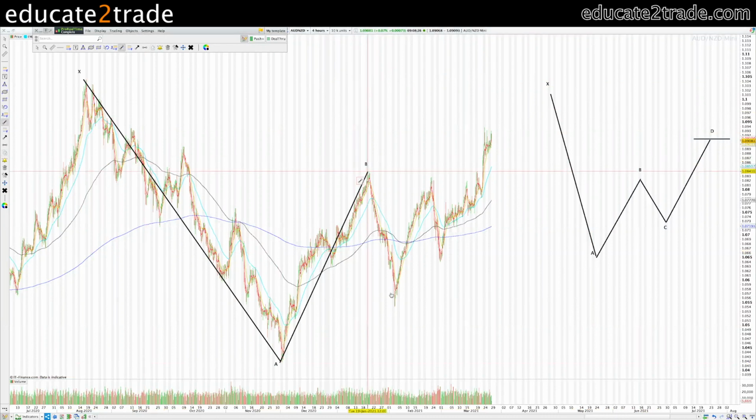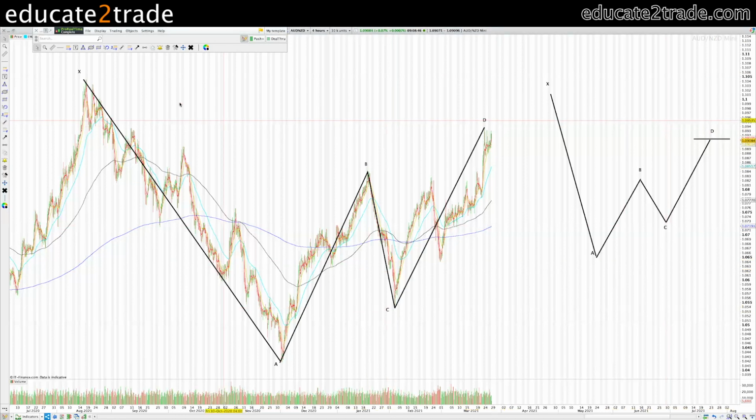It's as easy as A, B, C. Point C. What's next? Can't be, can it? Right. A, B, C, D, that's your Gartley.